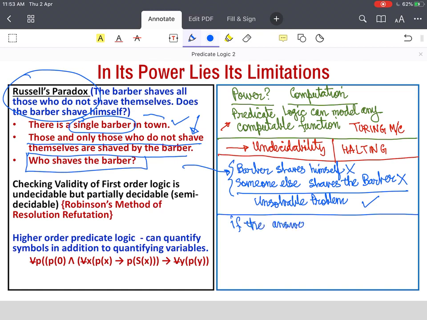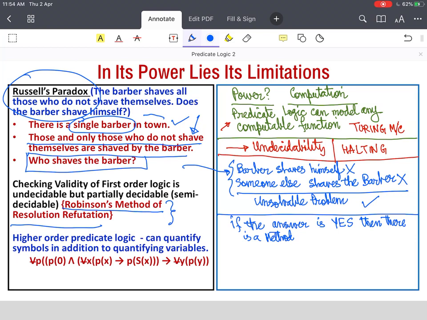But if the answer is yes, then there is a method. There are many methods, of which one of the most famous is the method of resolution refutation by Robinson.